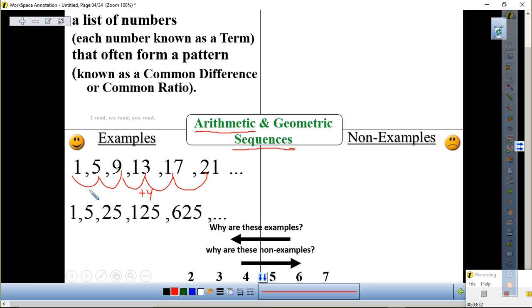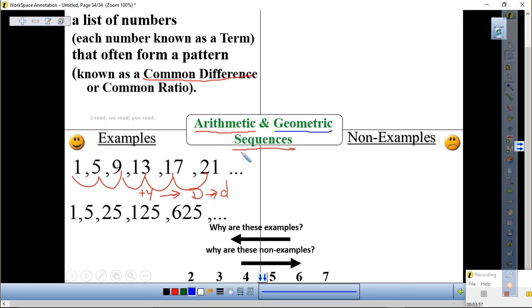Plus 4, and it's consistent all the way through, right? If it's consistent all the way through, then we call that a common difference. And this number is known as the letter D for what? Common difference. Or they also use a lowercase d.